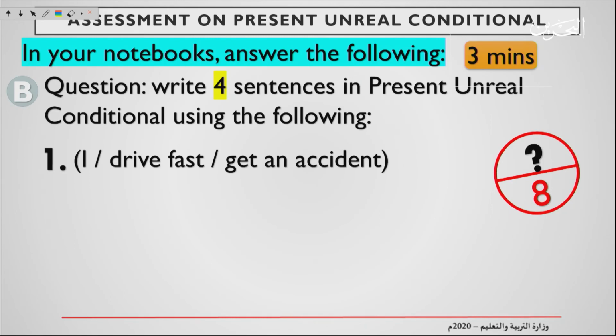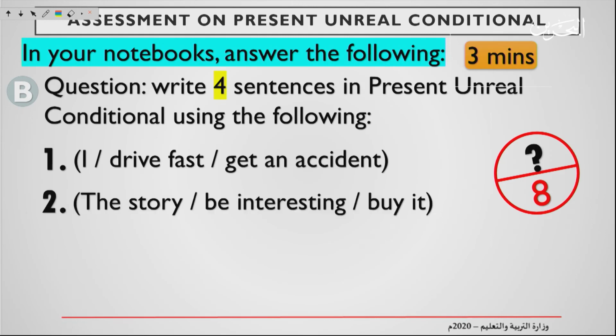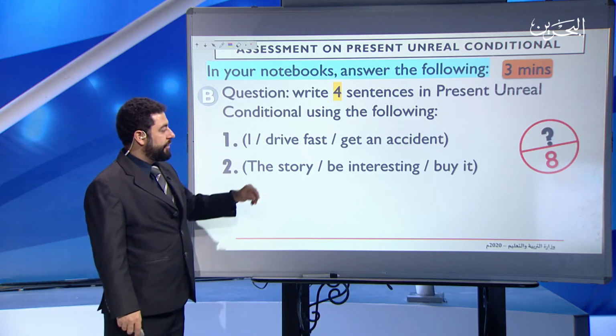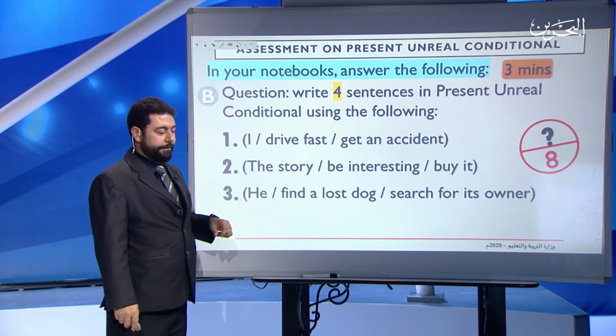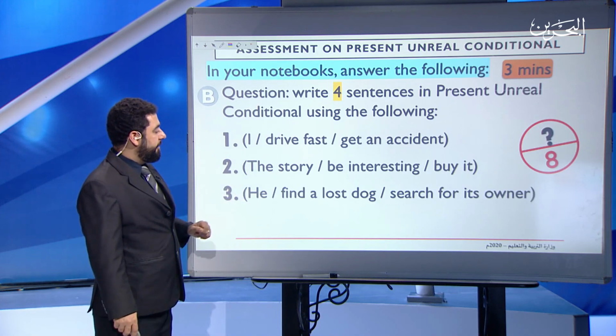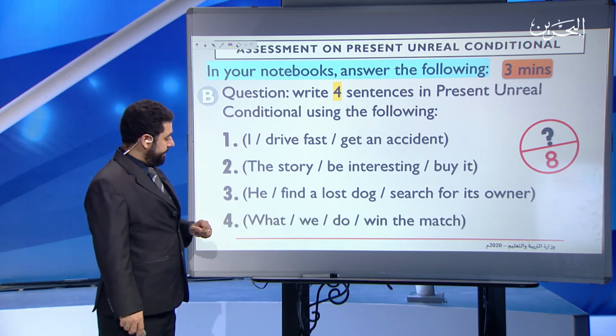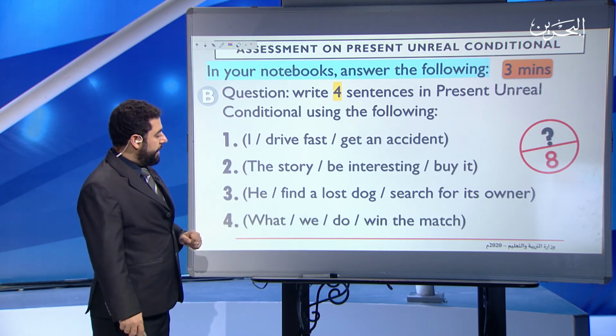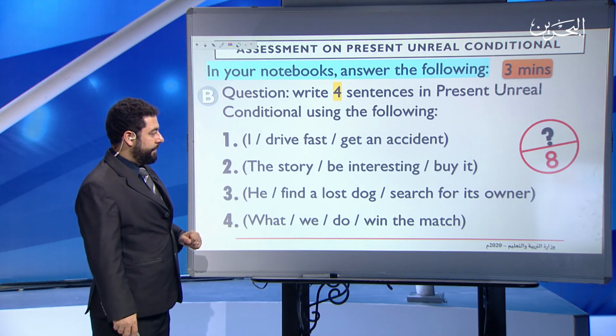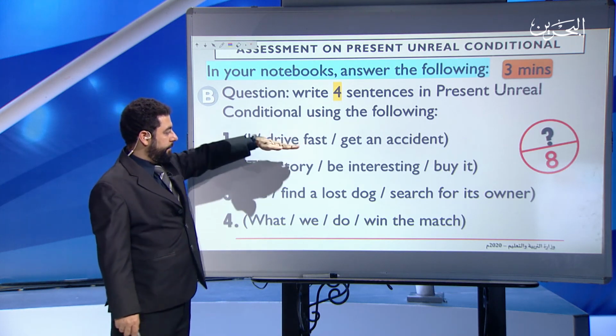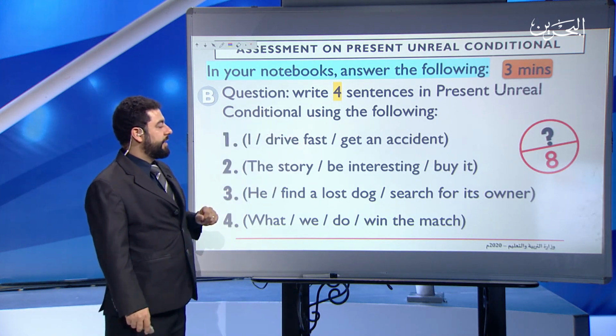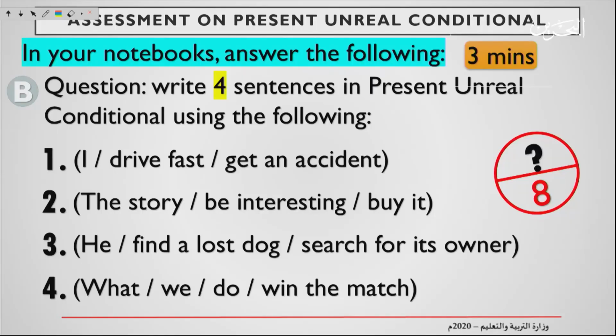Join all these into a conditional. Second one. The story, be interesting, buy it. Third one. He find a lost dog, search its owner. 4. What we do when the match. You have to combine all of them in one present and real conditional. And you have 3 seconds.